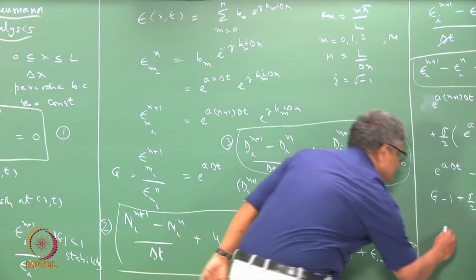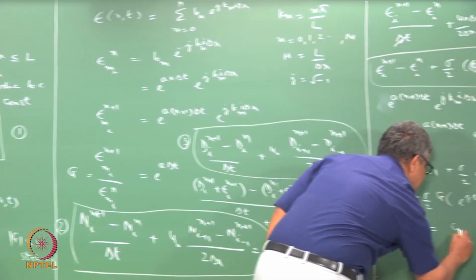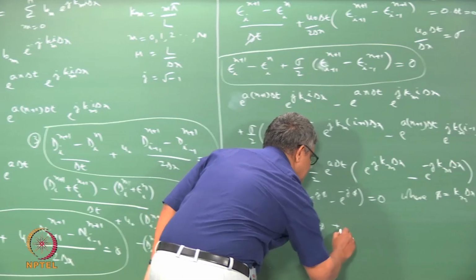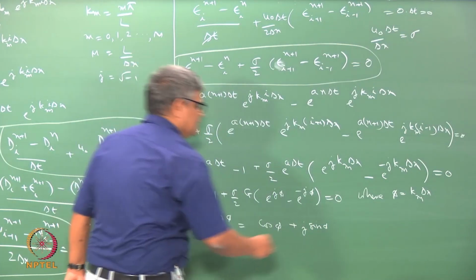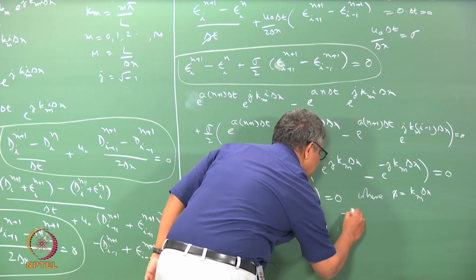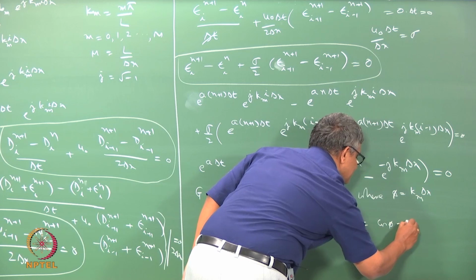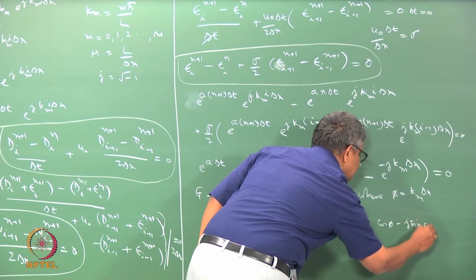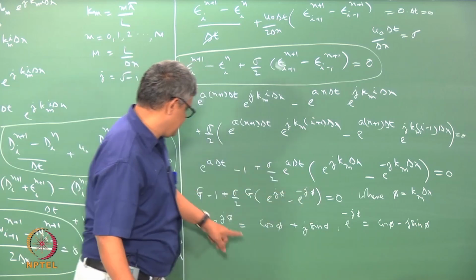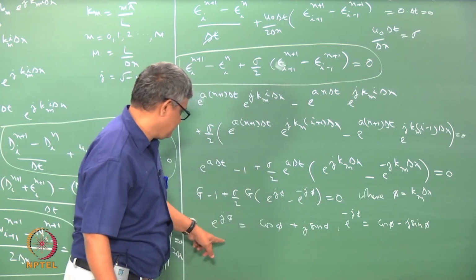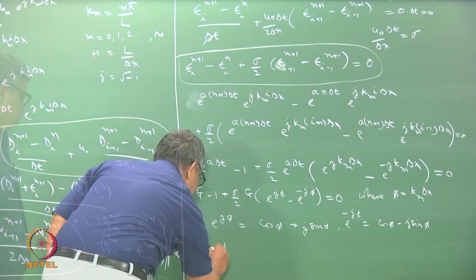And we also have the relation that E j phi is cosine phi plus j sin phi, and E minus j phi is cosine phi minus j sin phi here. And so if you take this minus this, you will be getting minus 2j sin phi.